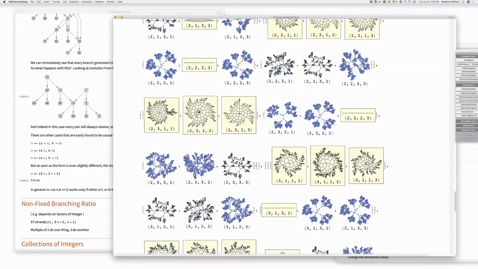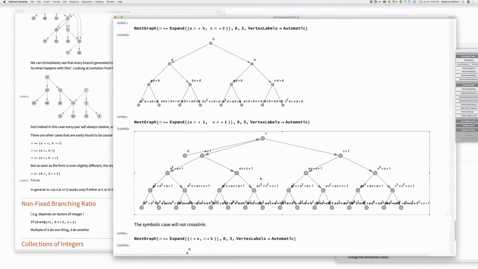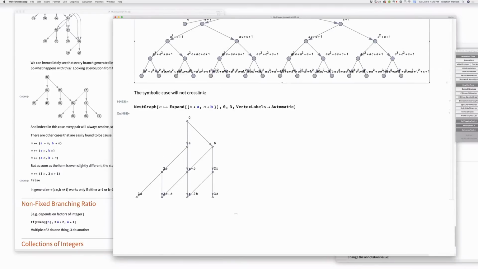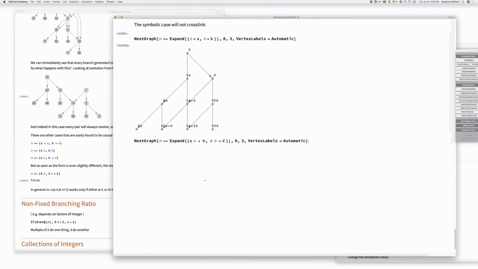Because if we look at 2313, for some reason 2313 has the property that in that picture it merges, whereas in other cases it doesn't. So what is the property of those numbers that causes the merge?